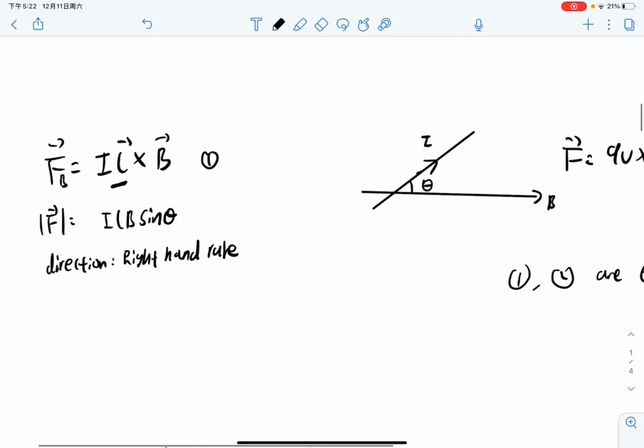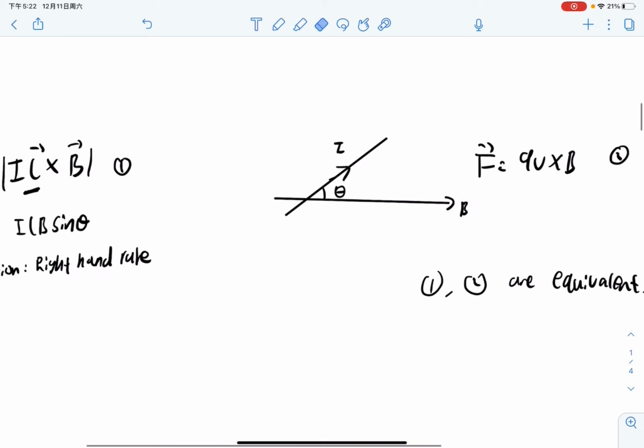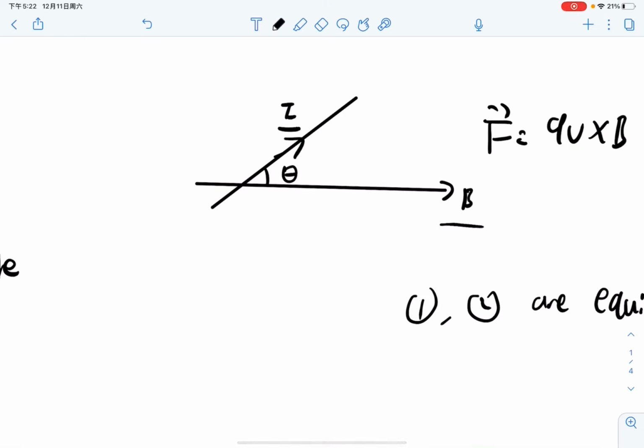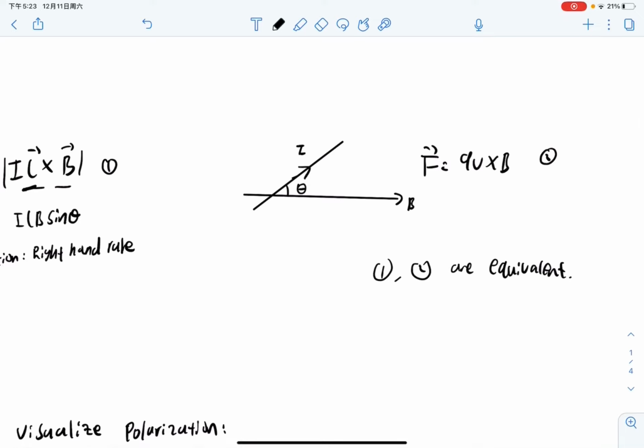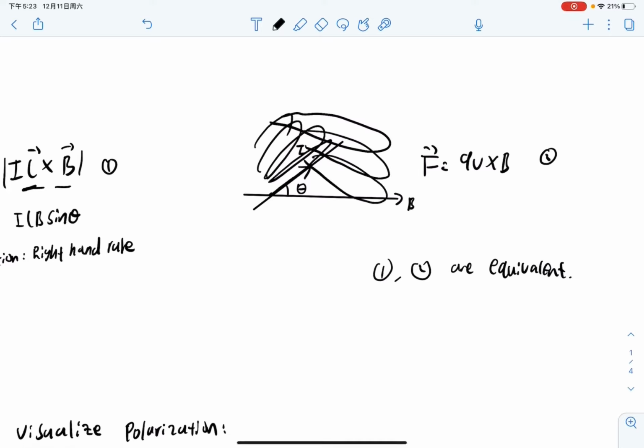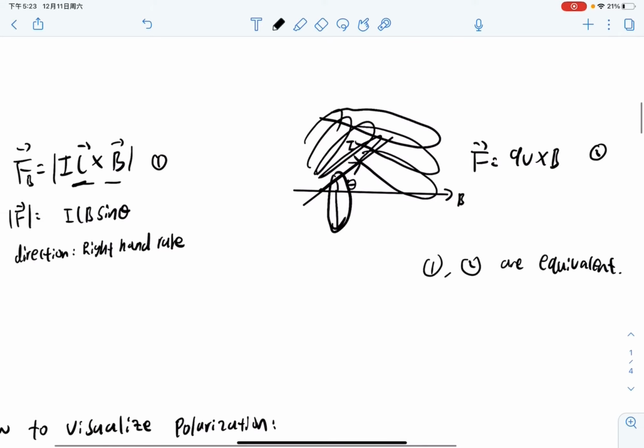And we know that the magnitude of L cross B is just going to be I L B times sine theta, where theta is the angle between I and B, or L and B. And for the direction, it is L cross B. So you use the four fingers you have, and bend them to B. And you will see the thumb is just going downward. And the thumb is the direction of the magnetic force.